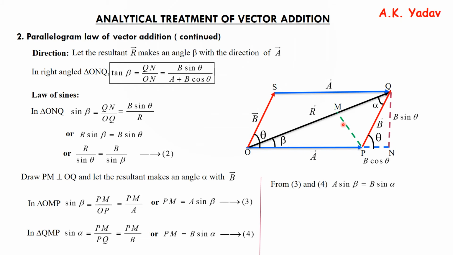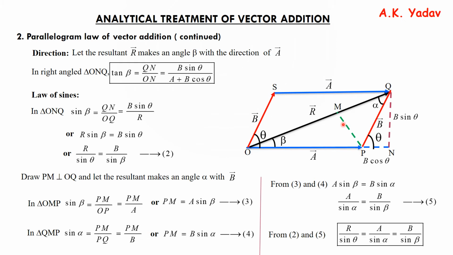Now from 3 and 4, can I write A sine beta is equal to B sine alpha, or A upon sine alpha is equal to B upon sine beta, which is equation number 5. Now we will compare it with equation number 2, and what we get is R upon sine theta is equal to A upon sine alpha is equal to B upon sine beta.